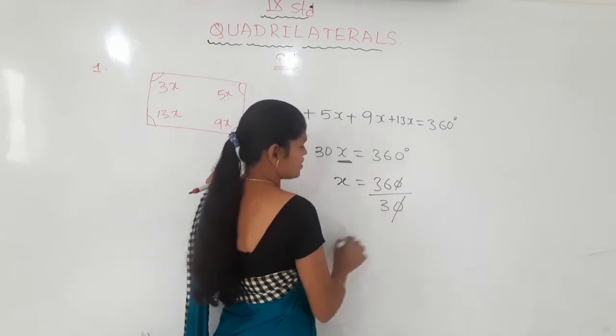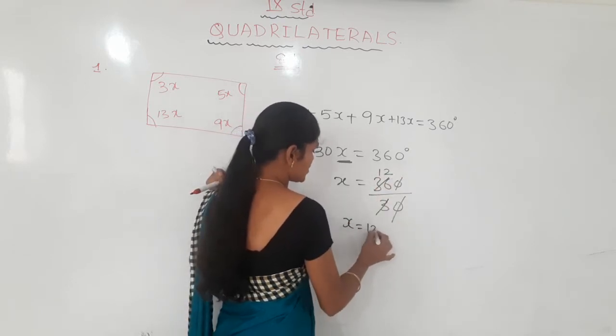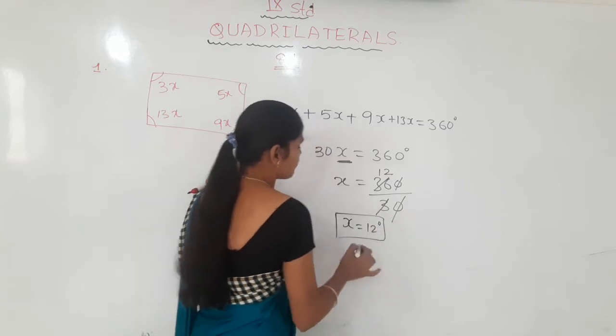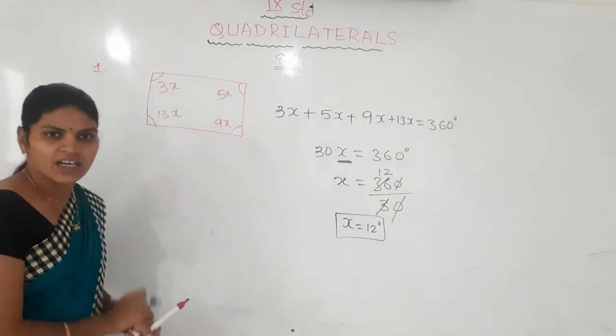Zeros get cancelled, 3 twelves are 36. So the x value is 12 degrees.